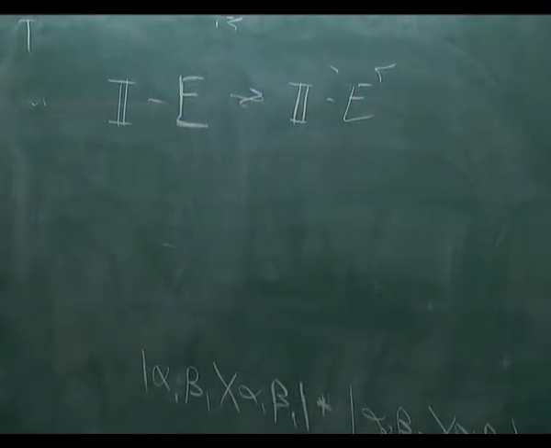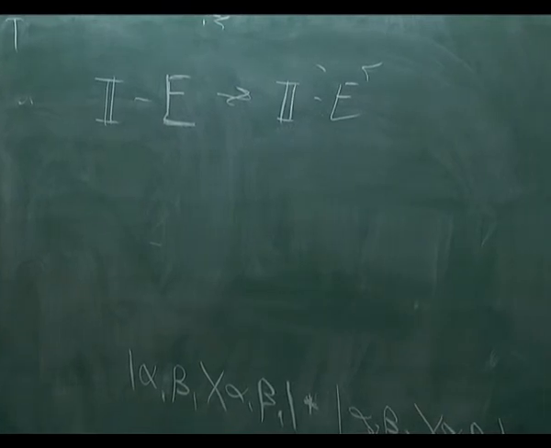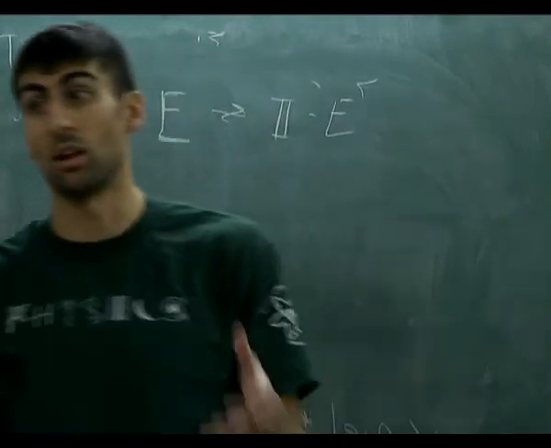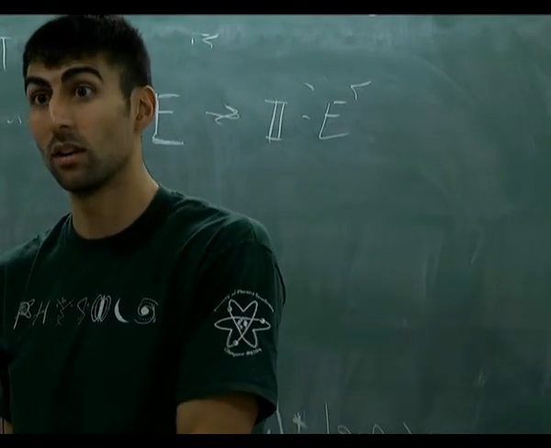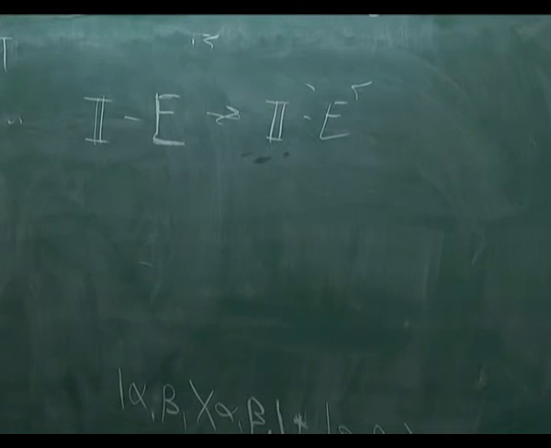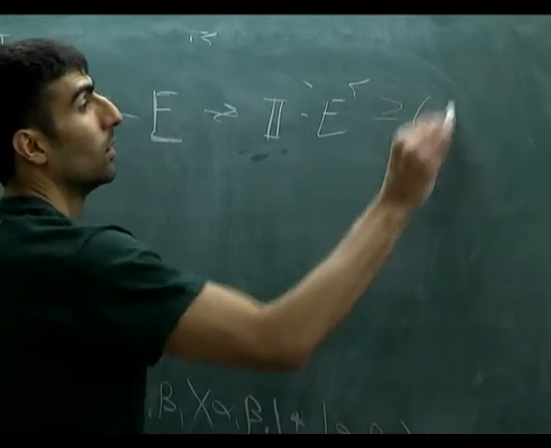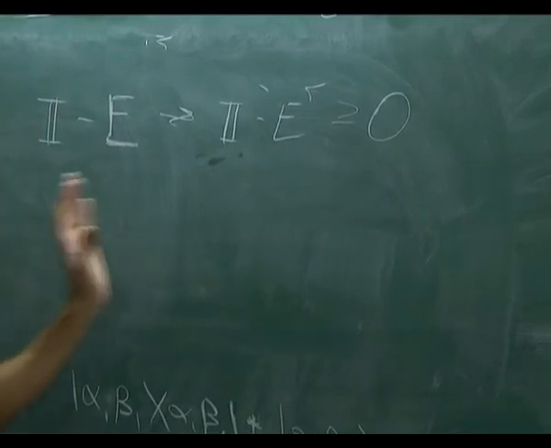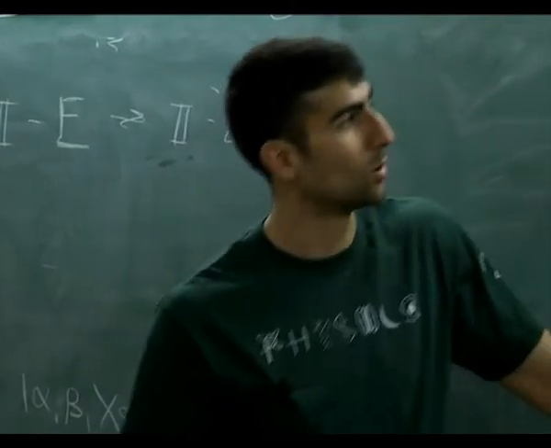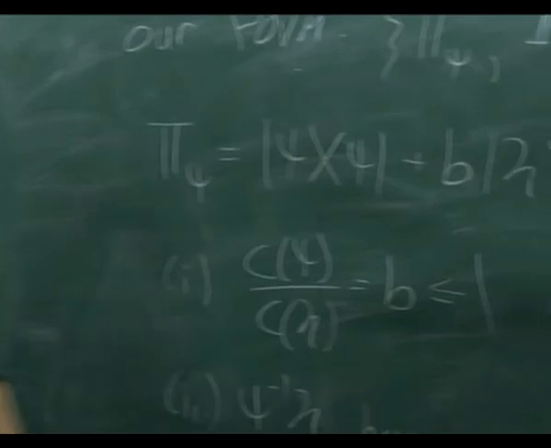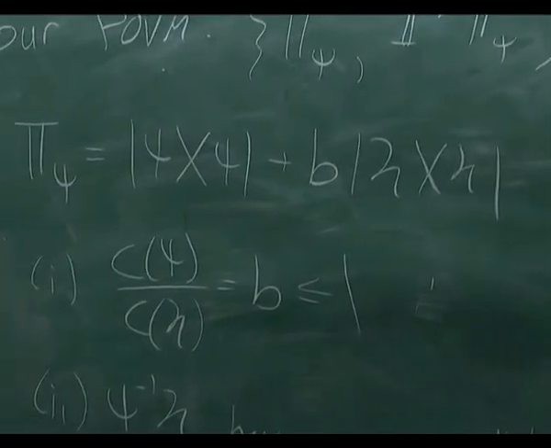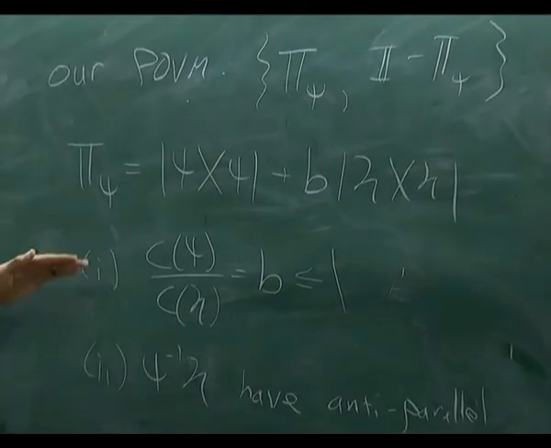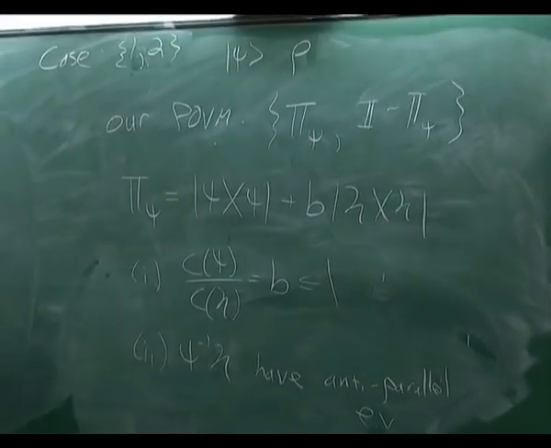And so we know that E, because it's separable, when we take the partial transpose, is also a positive matrix. So therefore, this as well must be positive. Okay, so this is sort of going a long way of saying that because we know that this is separable, we also know that this is separable. And therefore, we have our element. Okay, so for the case 1 by 2, these are the necessary and sufficient conditions for discrimination.